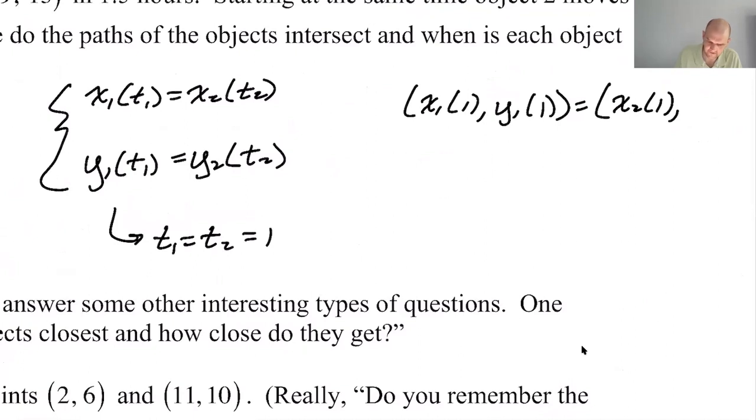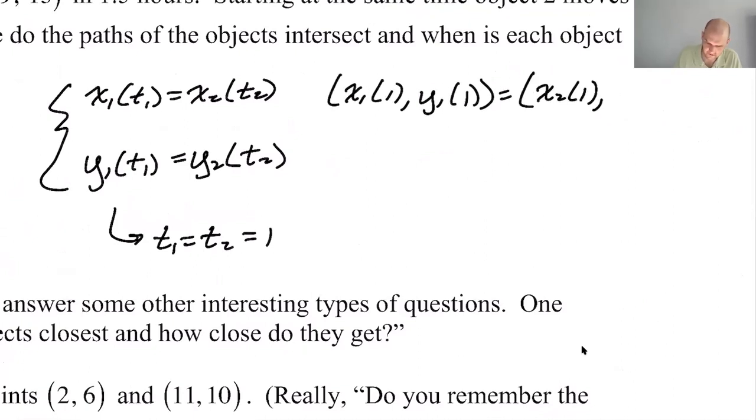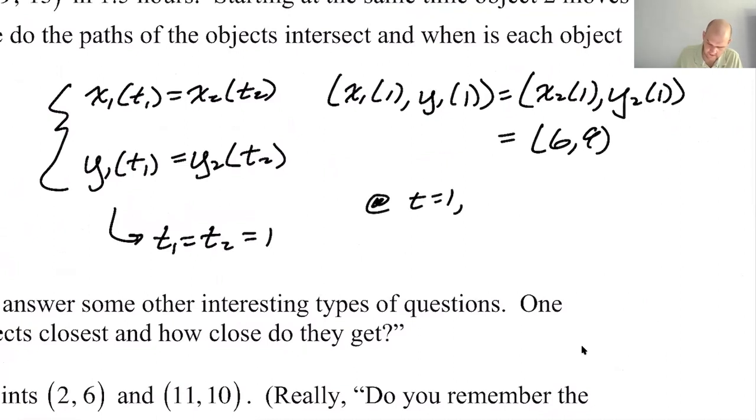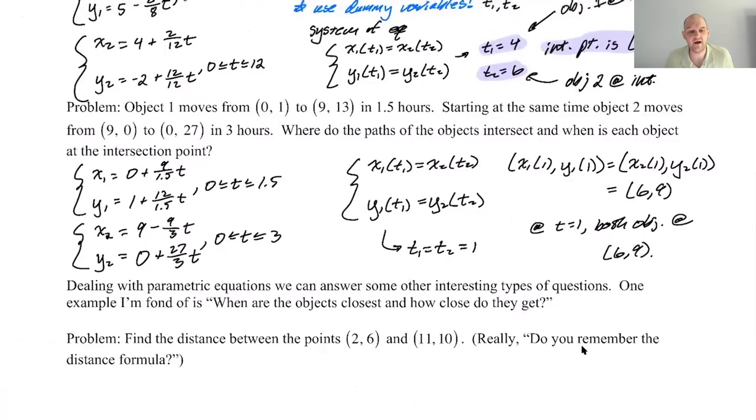And well, that's closer to the edge than I thought it was. And y2 of 1. And both of those give us the 0.69. So at T equals 1, both objects are at the ordered pair 6, 9. So they actually crash, and that can happen.